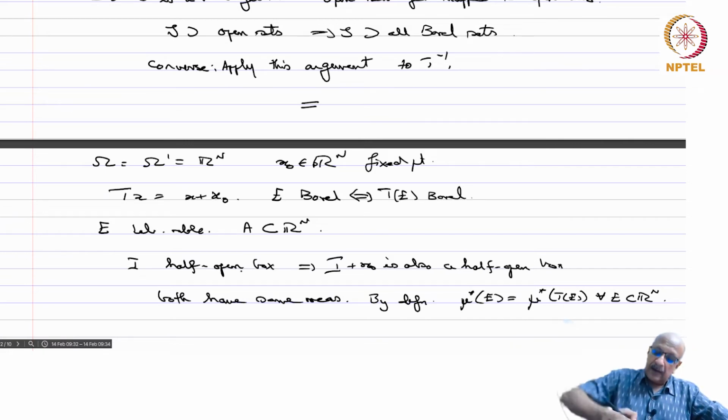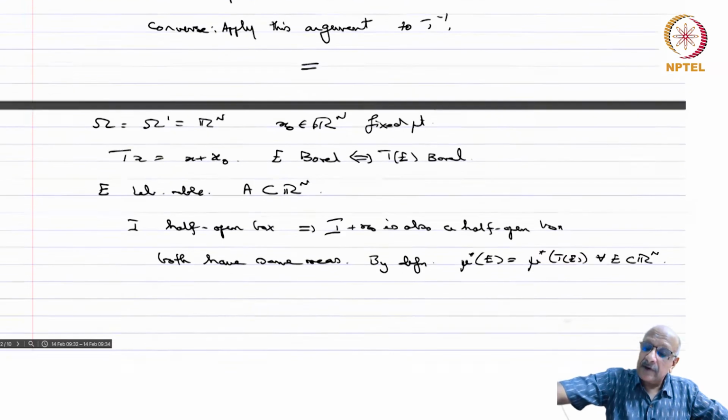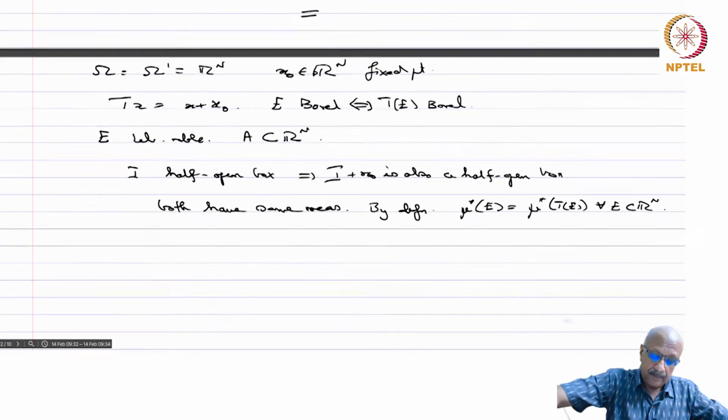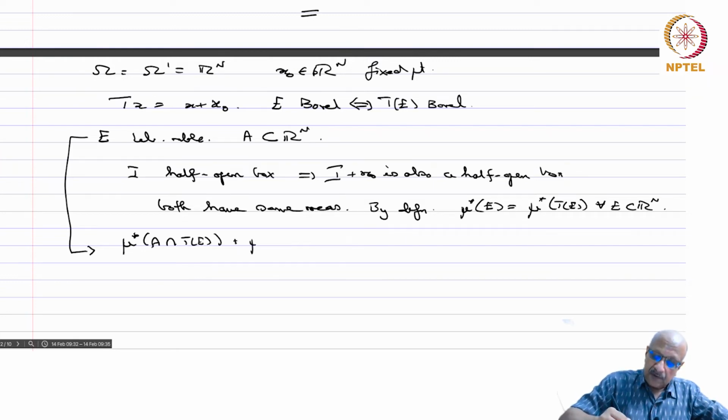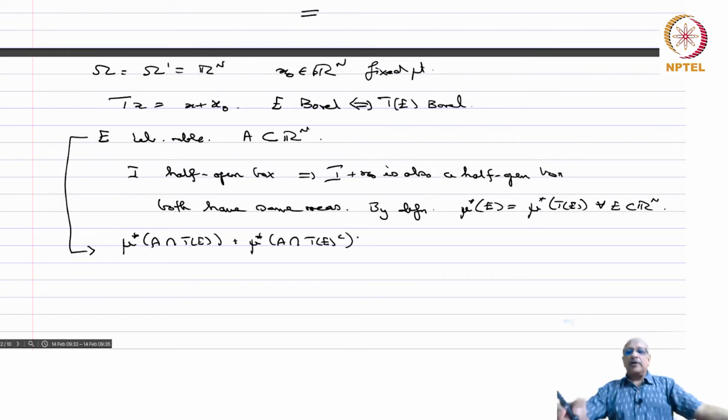Now if you take any E a Lebesgue measurable set and A contained in Rn, then let us compute mu star of A intersection TE plus mu star of A intersection TE complement. This is the kind of computation you have to do to study mu star measurability.